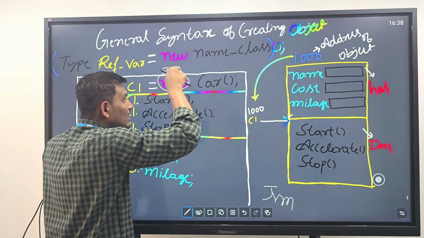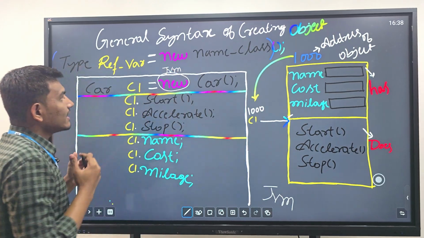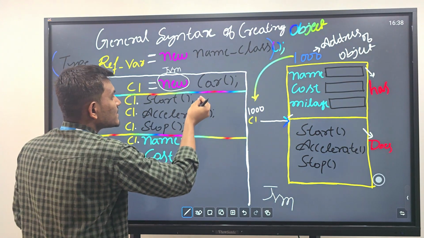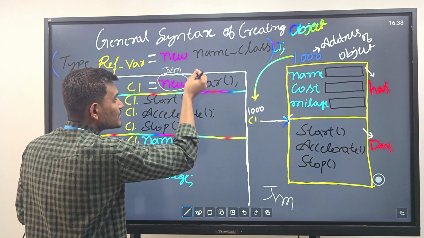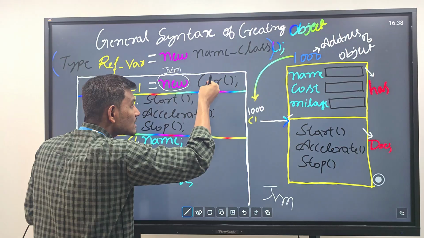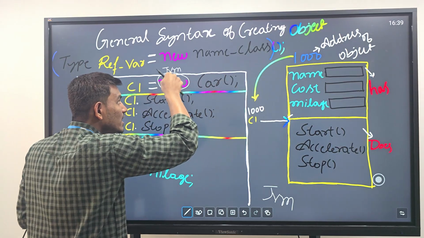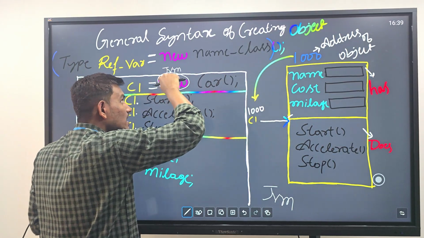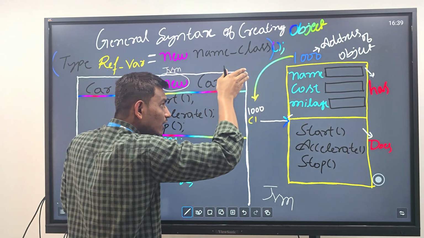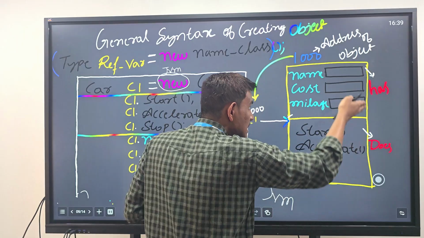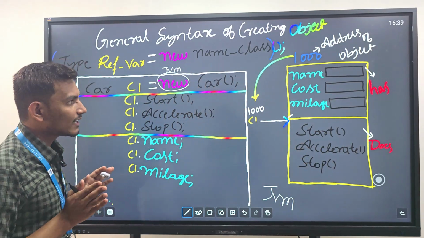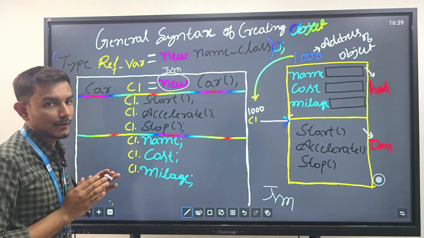The JVM comes into the picture and says to the programmer, whatever class you specified, the class we created above, by looking at this car class, the JVM will create the object, which looks like a rectangle box shape like this. I hope you are getting the story behind what is happening.